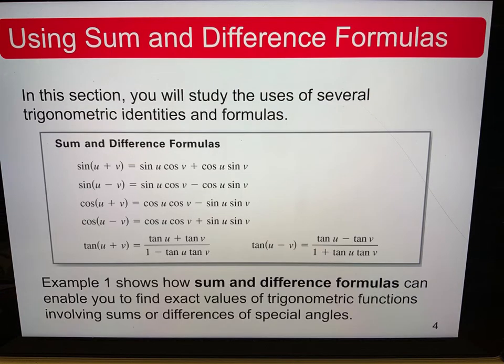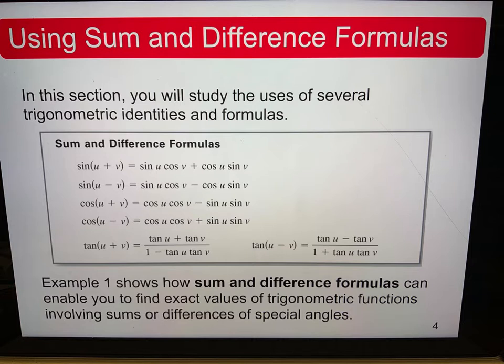Now here are the formulas. You also have them on your handout. That's really something you should memorize. The sine of u plus v, where u and v are our angles: you multiply sine u cosine v, and then plus, and we switch the angles.